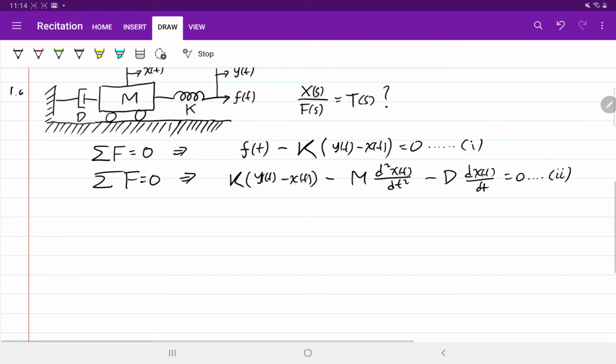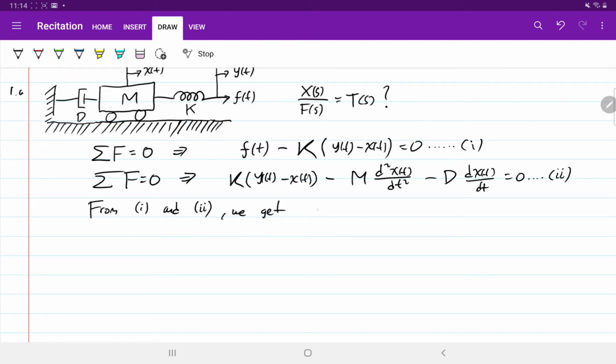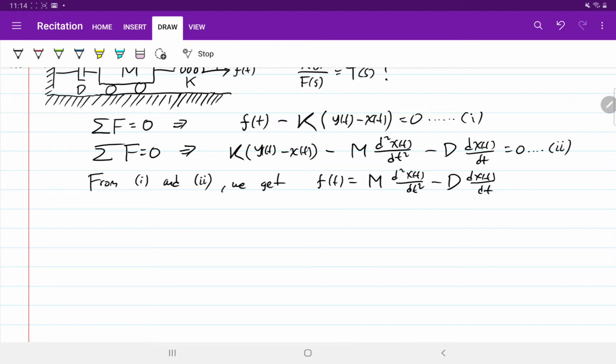Okay, and then from the first equation and the second equation, we get F(t). We can replace k multiplied by y(t) minus x(t) in this equation. So we get m d squared x(t) over dt squared plus d dx(t) over dt. And we can use Laplace transform.